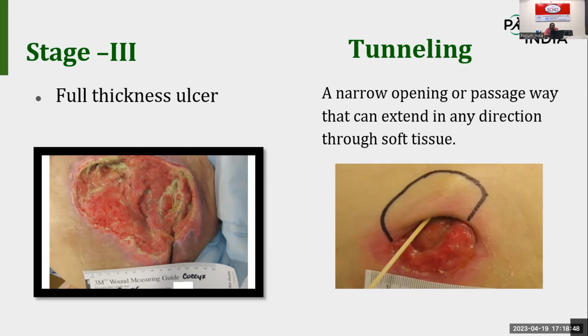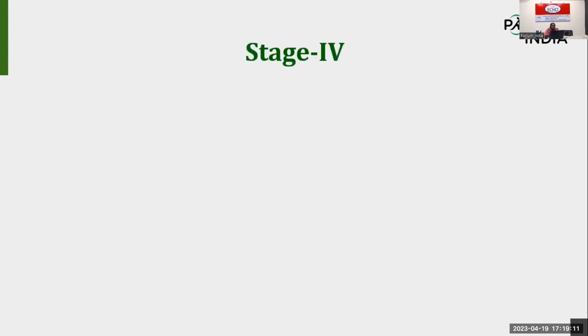When we assess the wound, we have to check whether the wound has any tunneling or not. If the wound has tunneling, you have to give special attention to that area. If you don't, the wound won't heal properly.